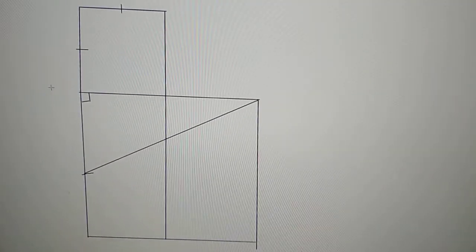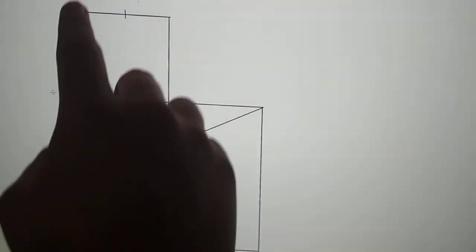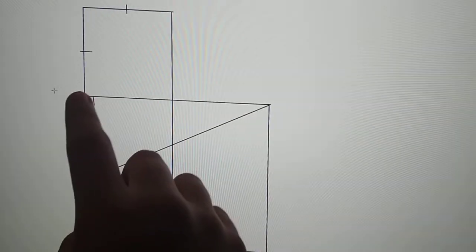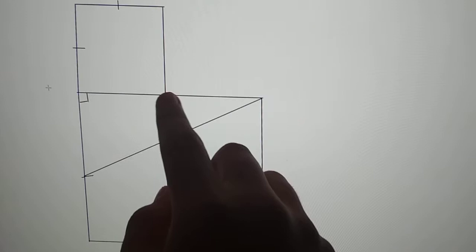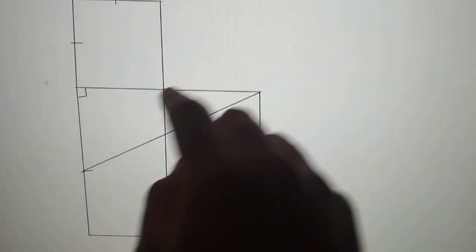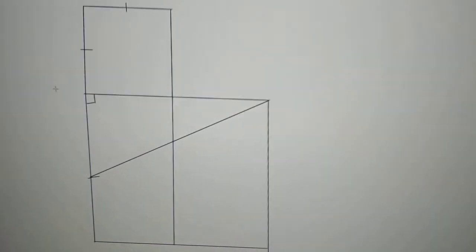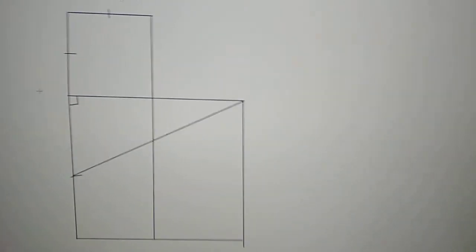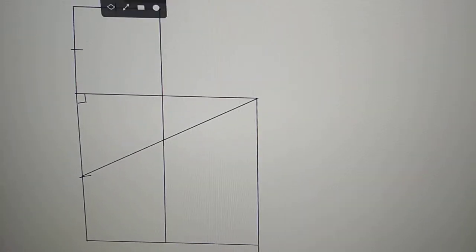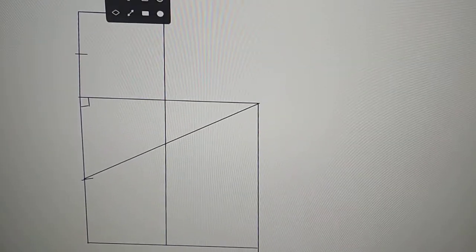And what do we have here? We see that this square over here is the square on one of the segments, and this rectangle over here is the rectangle contained by the whole straight line, because this is equal to this, and a segment. So what have we just done?